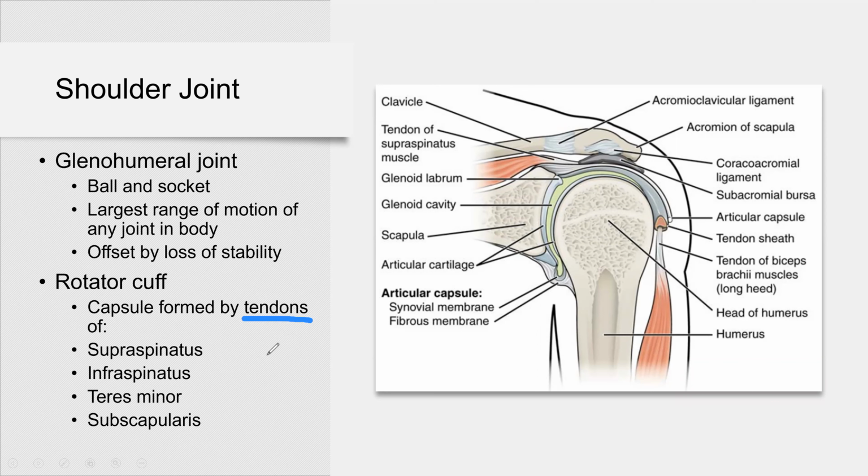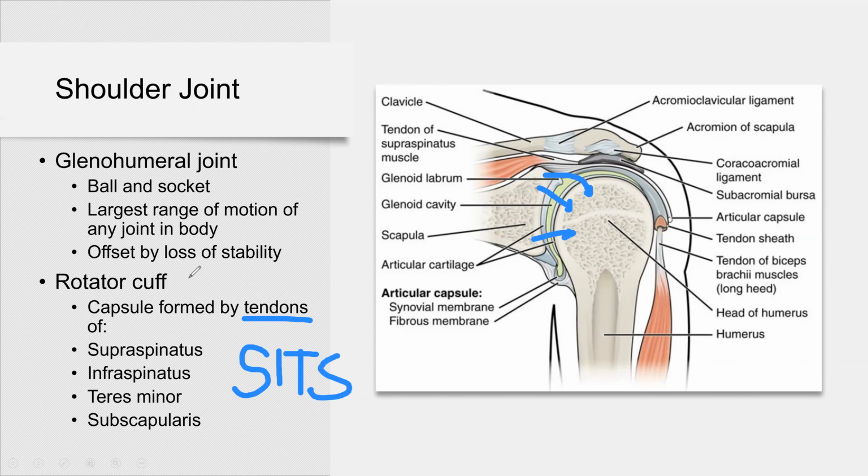The mnemonic to remember is SITS: S-I-T-S. Here we have supraspinatus, infraspinatus, teres minor, and subscapularis. All of them insert on the head of the humerus, forming a cuff around the head.